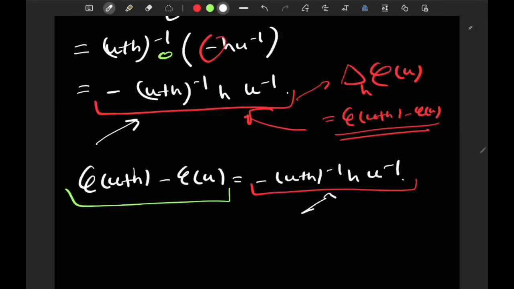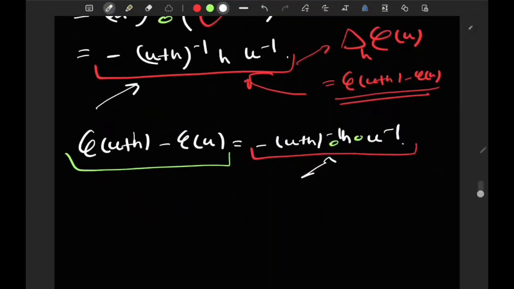Now we know there is some composition here, and this composition is bilinear. In this case it's bilinear and continuous, and there's no issue at all. But this is not something that we care about.